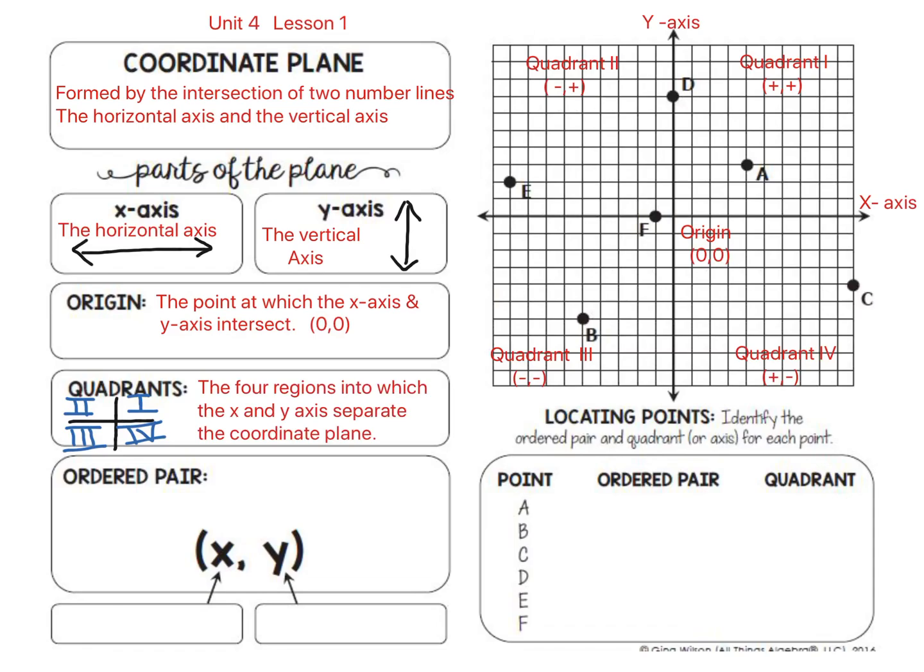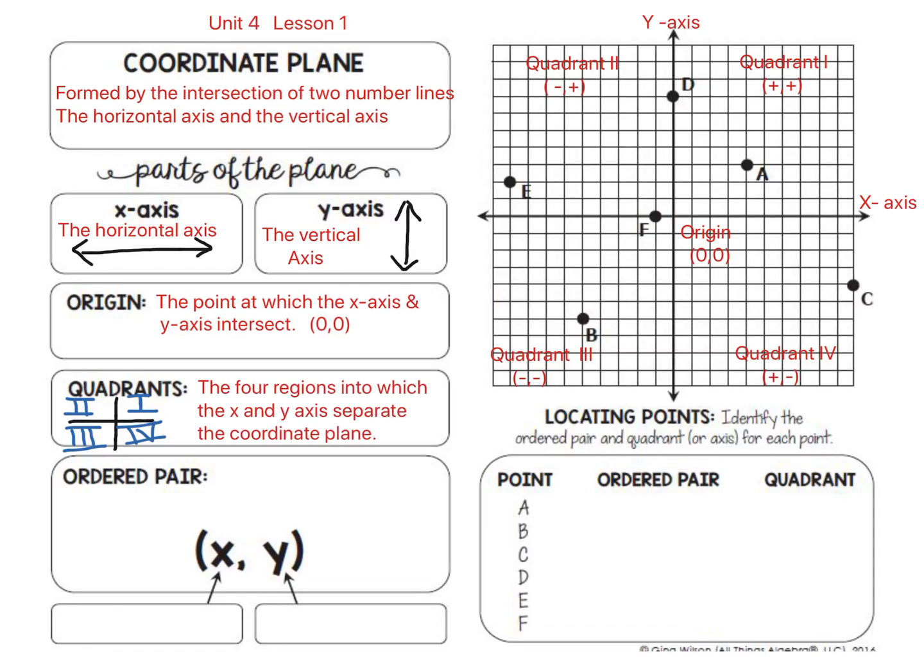All right, now let's talk about what is an ordered pair. An ordered pair is a pair of numbers used to locate any point on the plane, and the order that you put them in does matter. The x-coordinate needs to come first, and the y-coordinate needs to come second.